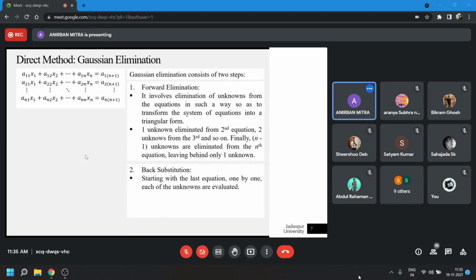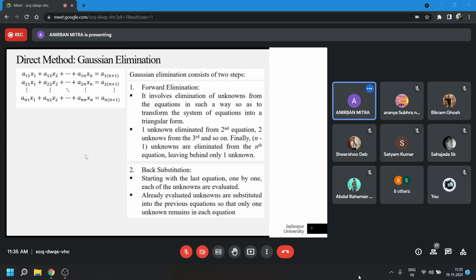So here, starting with the last equation, one by one, each of the unknowns is evaluated. Now you are proceeding in the backward direction. You are going from the last equation to the second last, and then the one before that, and like that you go back to the first equation itself. In each of these steps, you calculate one unknown value.